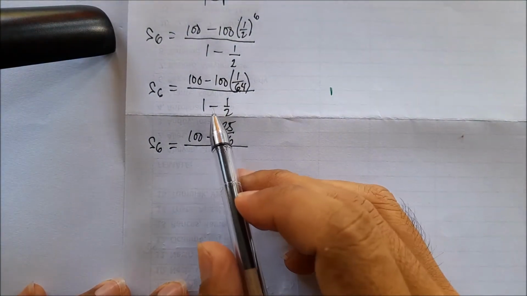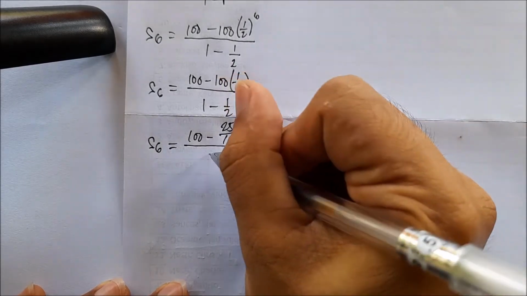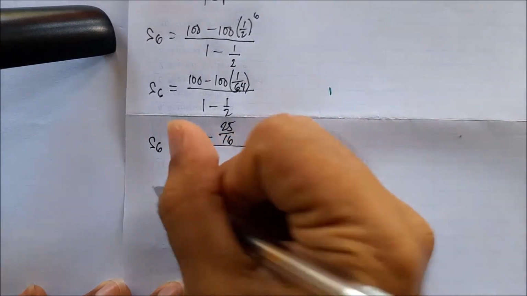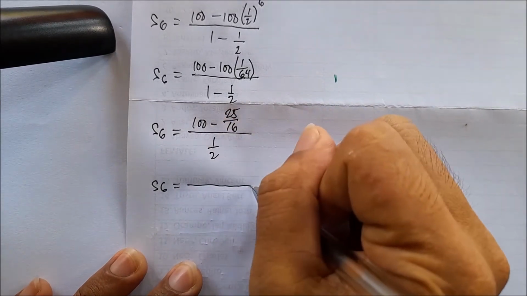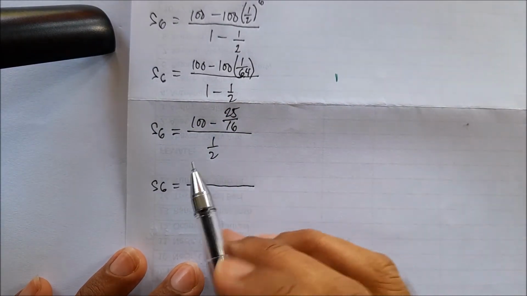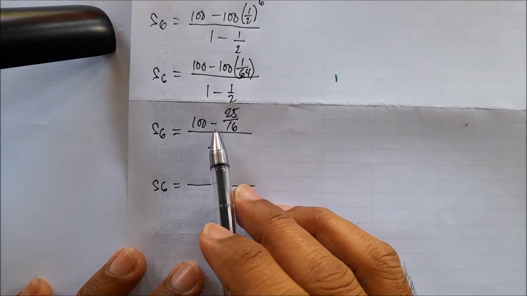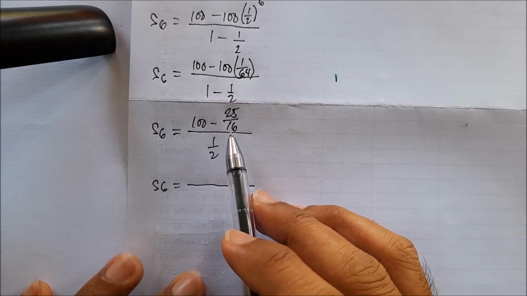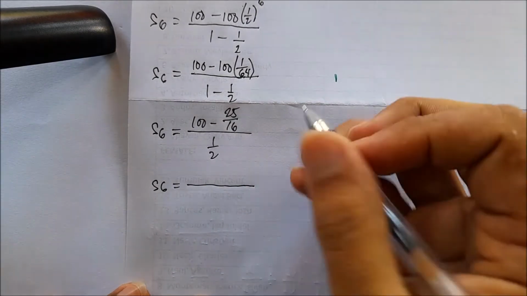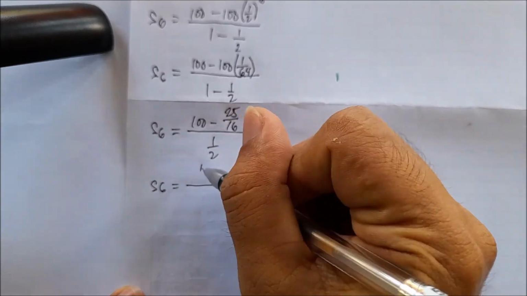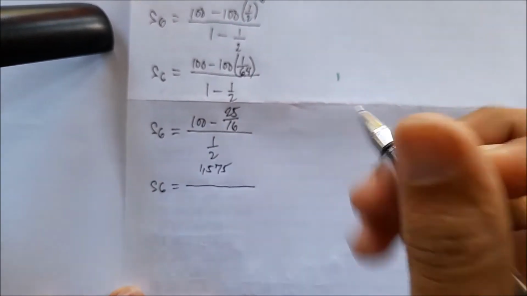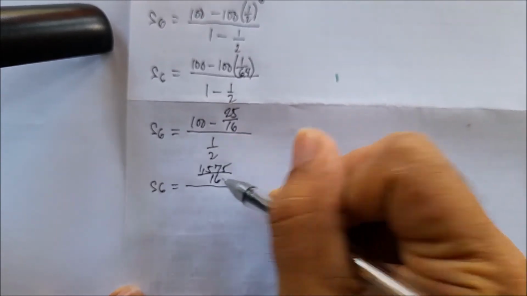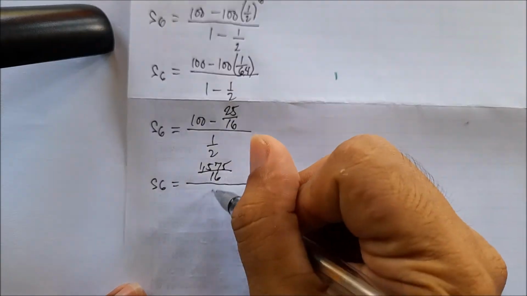Then 1 minus 1/2 equals 1/2. Now, you subtract 100 minus 25 over 16, which is equal to 1,575 over 16, over 1/2.